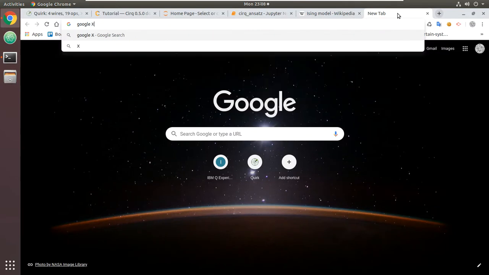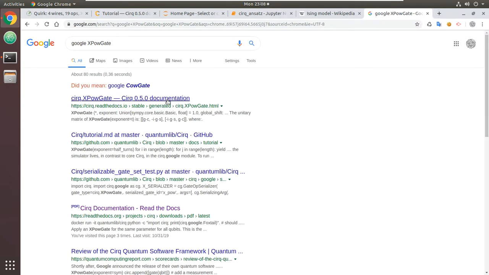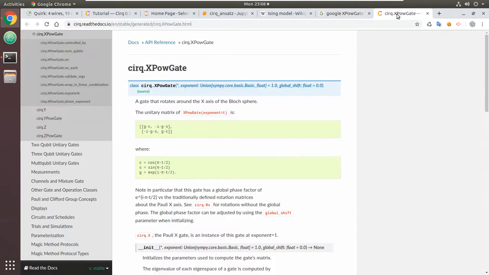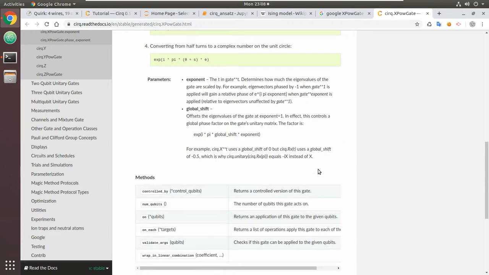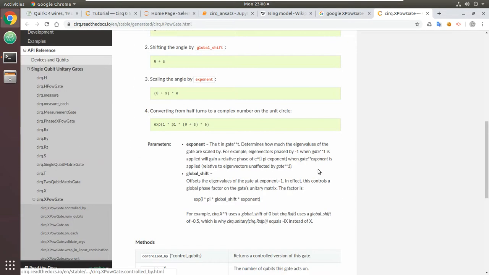Google X pow gate. It's a gate that rotates around the x-axis of the Bloch sphere. Okay. No, yeah, but then that's the right way. Then this should be correct.